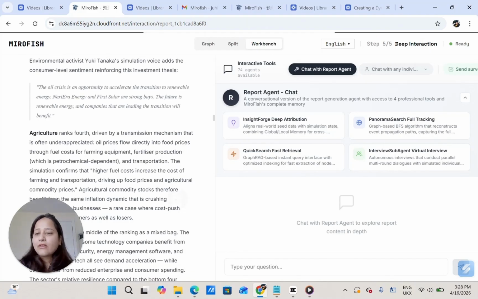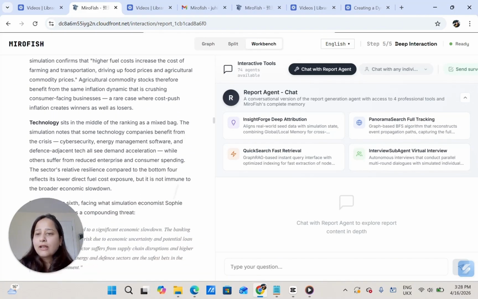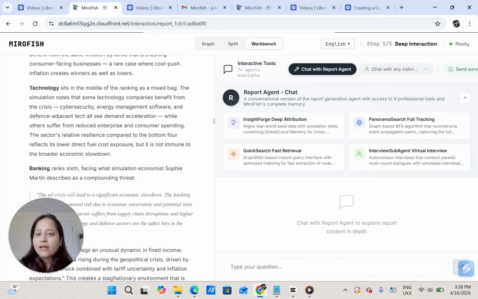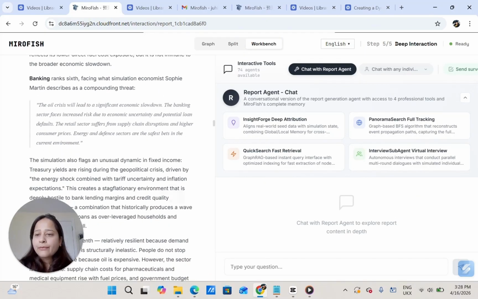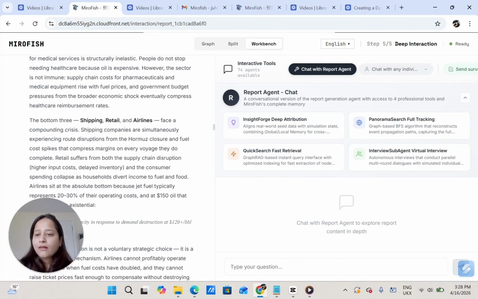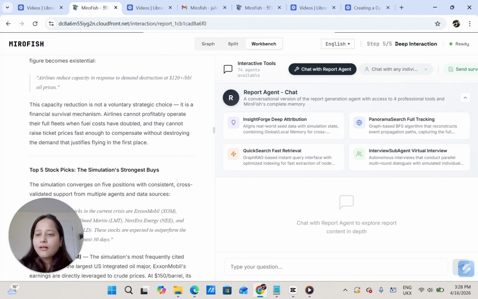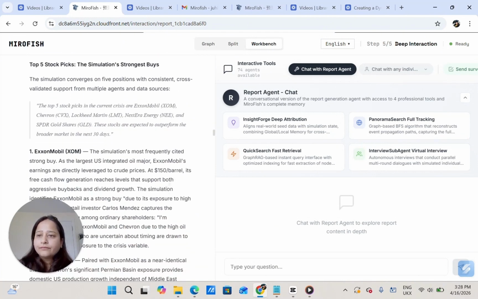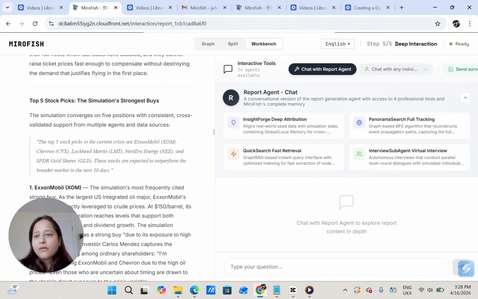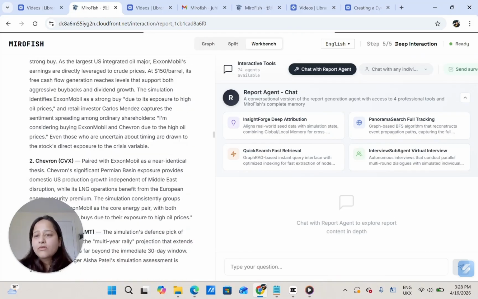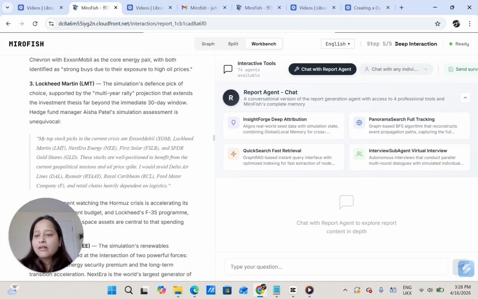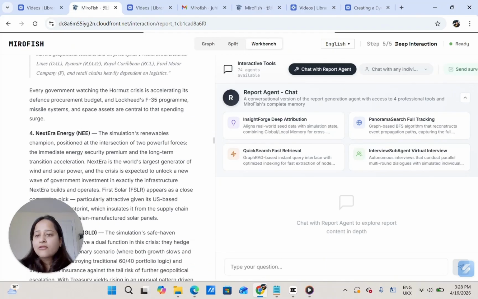So you can see agriculture ranked 4th. Technology sits in the middle of the ranking as a mixed bag. These are the top 5 stock picks: ExxonMobil, Chevron, Lockheed Martin, NextEra Energy.